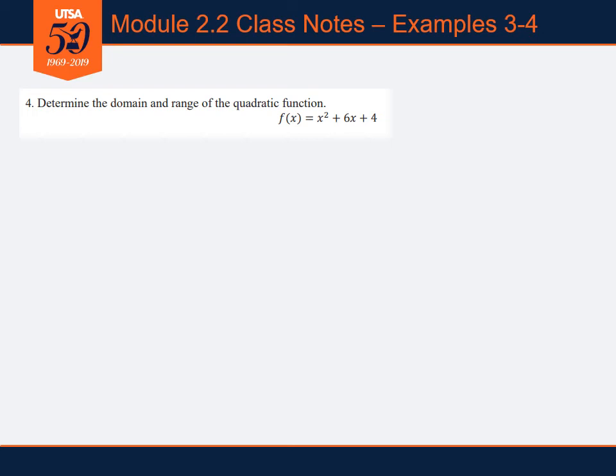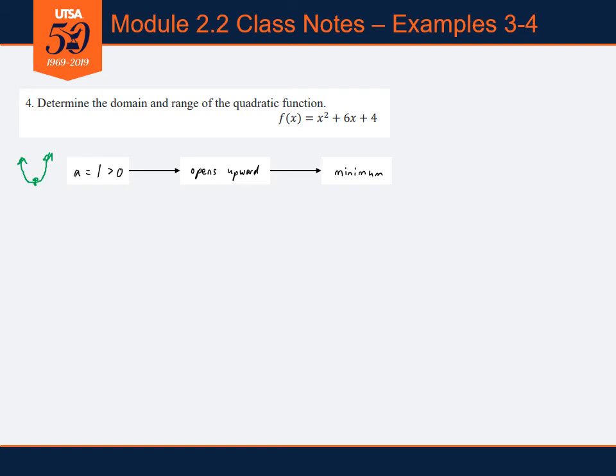With an a value of 1 here that is greater than 0, we know that this parabola is going to open upward and thus have a minimum point at the vertex. A minimum point there at the vertex.